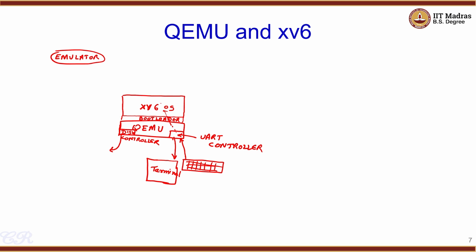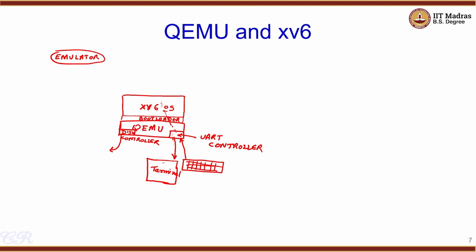Every time we do a printf, for instance, the other thing happens, right. So, if we want to printf, say hello world, it goes into the xv6 OS and then gets transmitted through the UART controller and is displayed on the terminal.